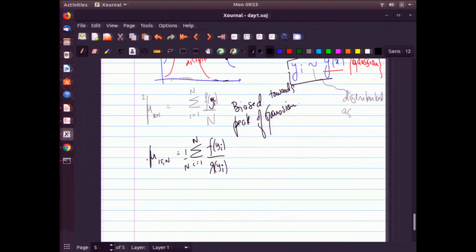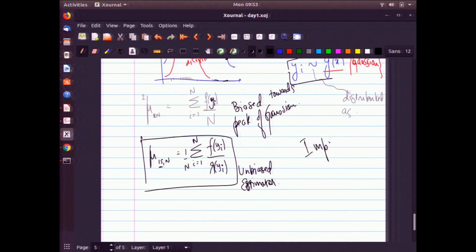And what this does is it gives us an unbiased estimate. Now the reason I called it IS here is that it is called importance sampling. This is something you would have probably seen in many places as a term.